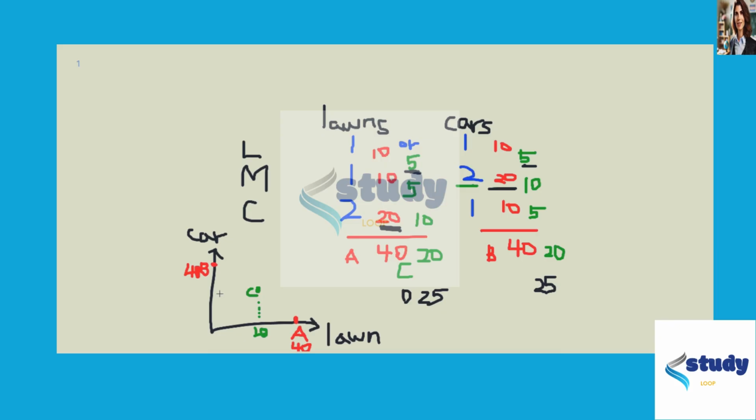And then also the y-axis is labeled 20 here. And what about D, the black one? So the black one is like 25 lawns and 25 cars. So point D is to the upper right of point C, because 25 is higher than 20 and also 25 is higher than 20.